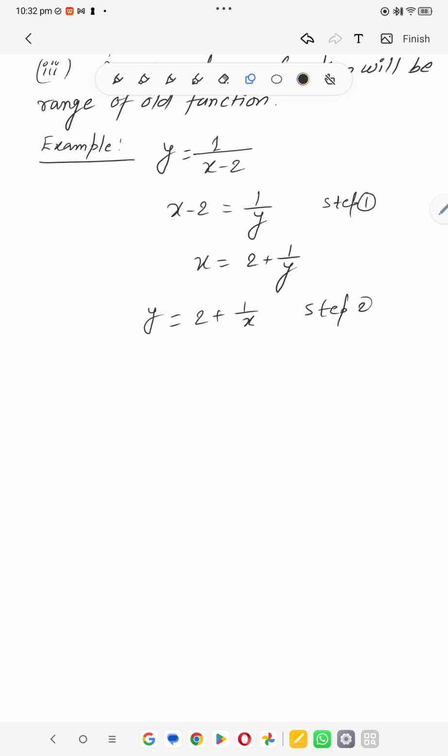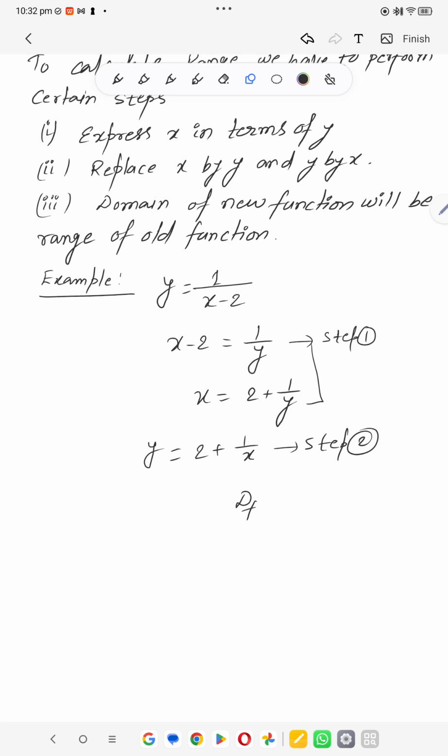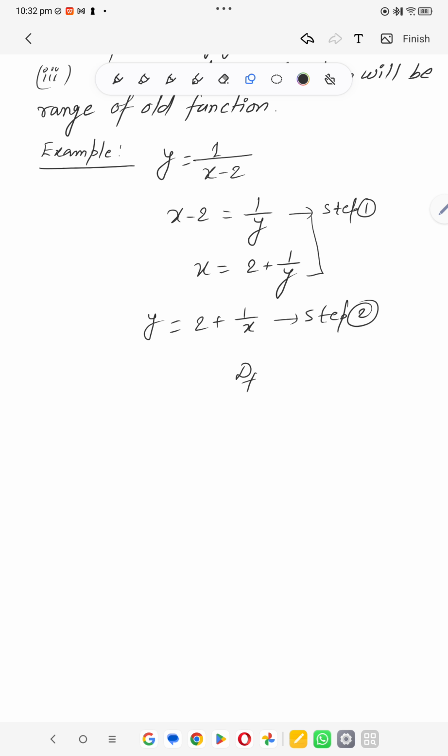Step 3: the domain of the new function will be the range of the old function. The domain of the new function is R minus 0, so the range belongs to R minus 0.